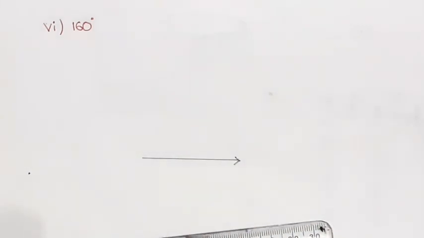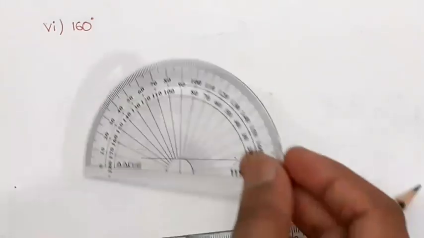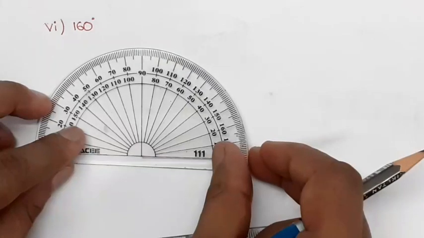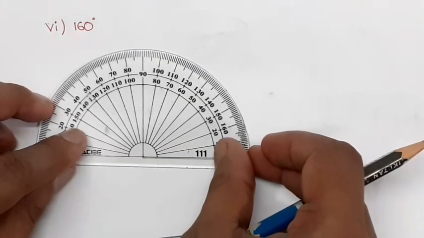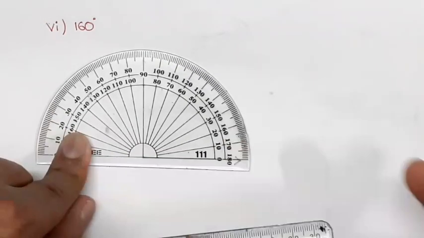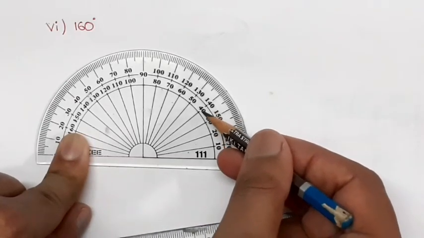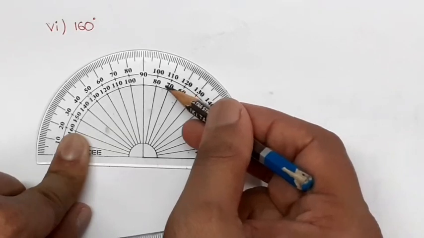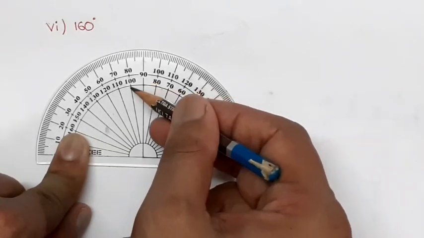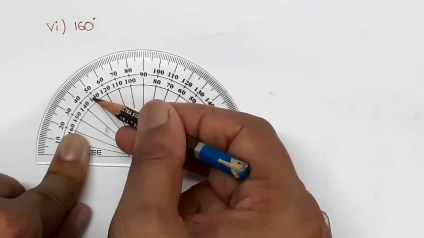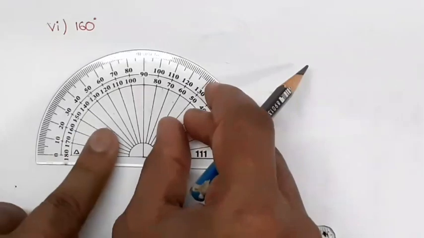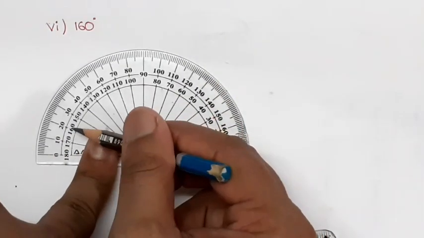Now the center of the base and the end point, inner scale, 0, 10, 20, 30, 40, 50, 60, 70, 80, 90, 100, 110, 120, 130, 140, 150 and 160.